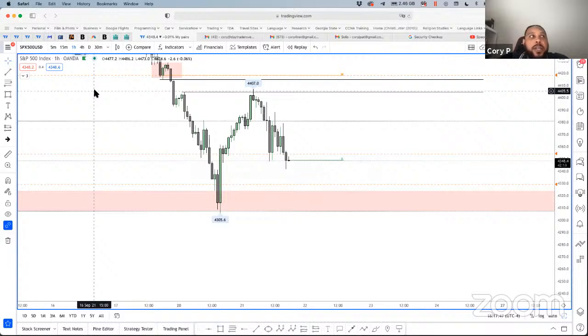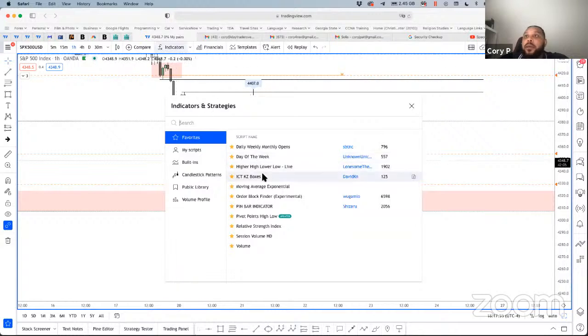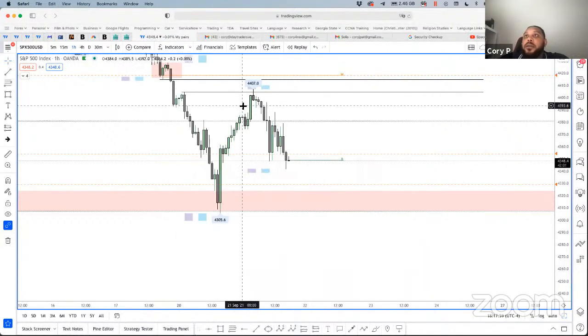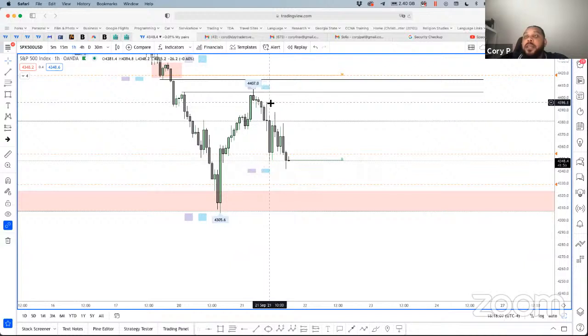The New York kill zone is basically 7 to 10. Those are your 2 kill zones, right?